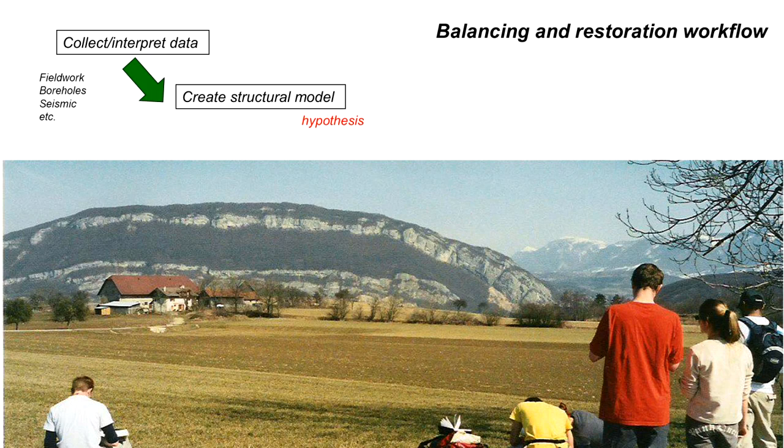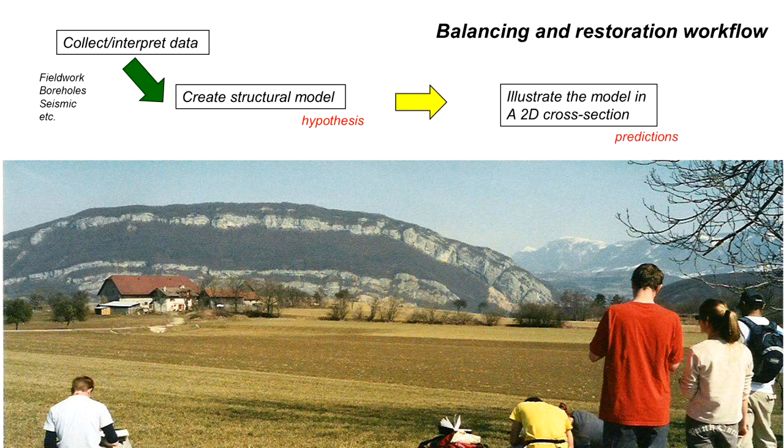And this is a hypothesis for the subsurface structure, and we illustrate the structural style on a cross-section, which is a two-dimensional slice through the structure. And this in turn will make predictions about the distribution of rocks in the subsurface and potentially other things too. Well, we'll come on to that as we go.